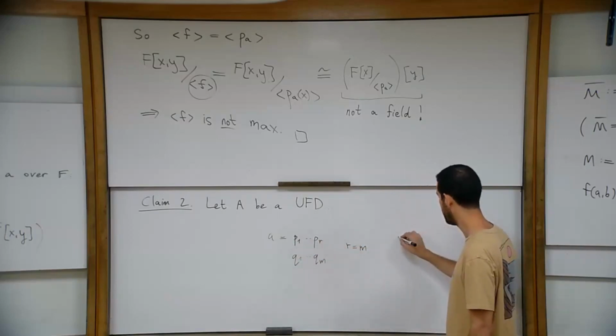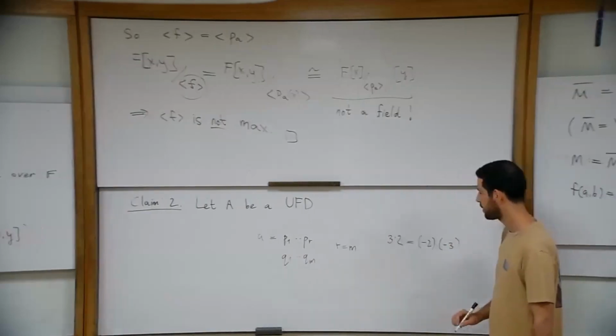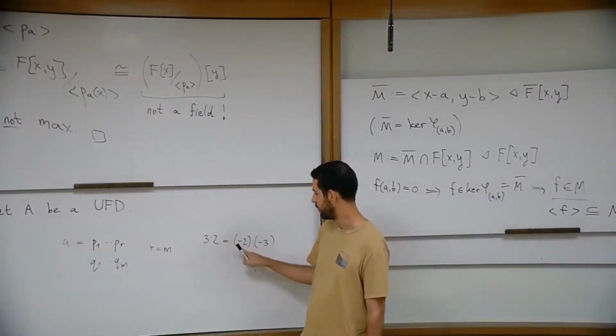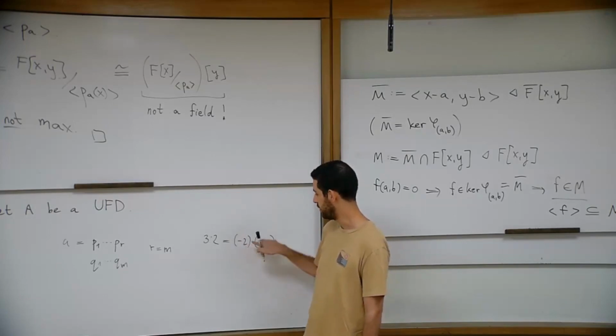So for example, in Z, 3 times 2 and minus 2 times minus 3 are essentially the same, because up to a multiplication by minus 1, which is a unit, and changing the order, it is the same.